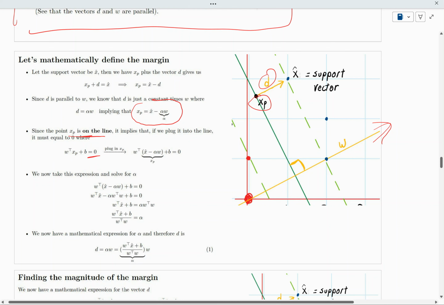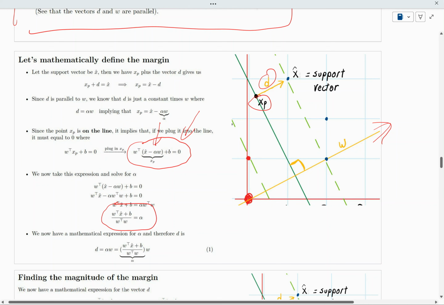And now if we plug in what xp was defined as, we get this expression. This expression here has only one unknown, which is alpha. So we can solve for alpha.